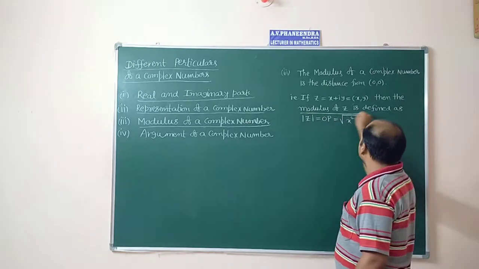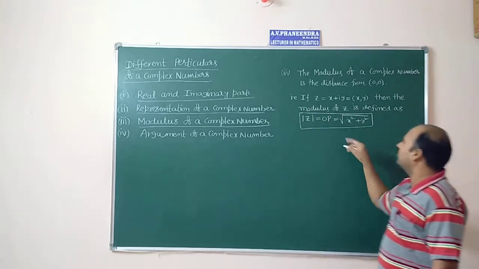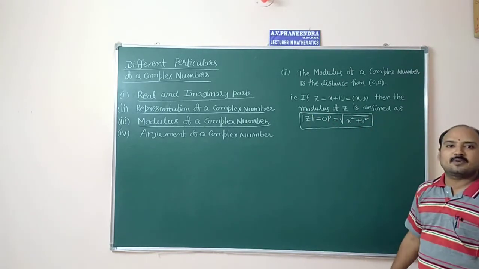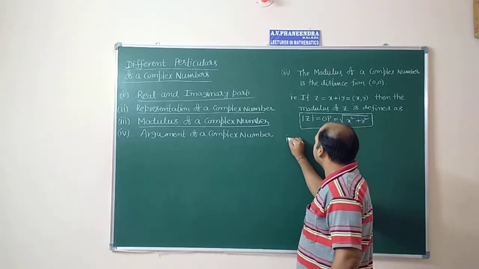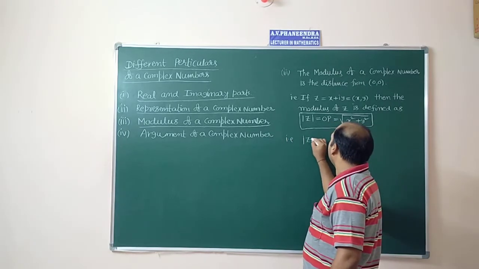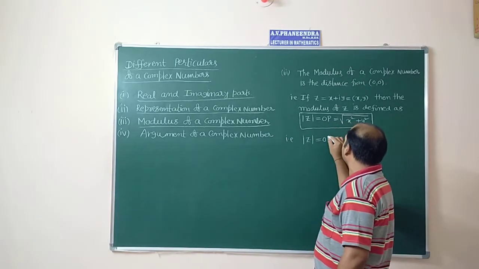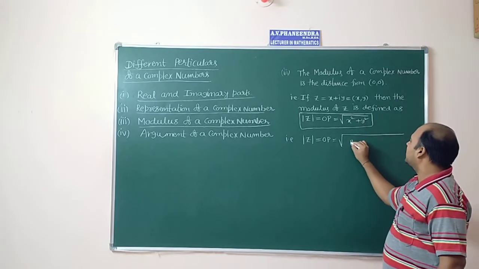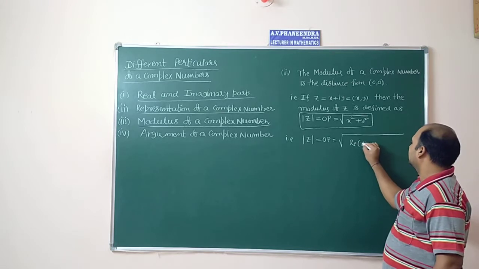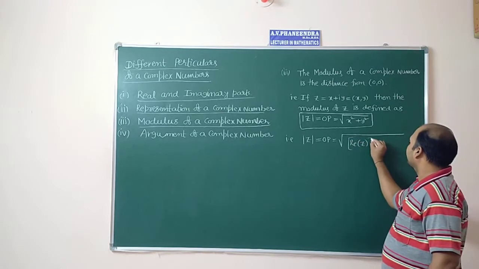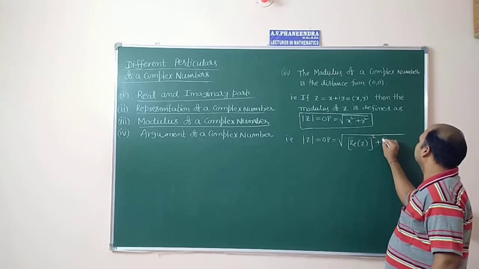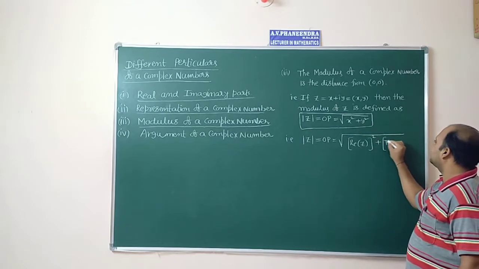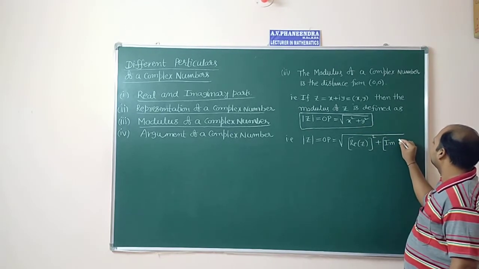So mod z is equal to OP, equal to the square root of x square plus y square. In other words, square root of x, what does x mean? The real part of z, plus y, what does y mean? The imaginary part of z.